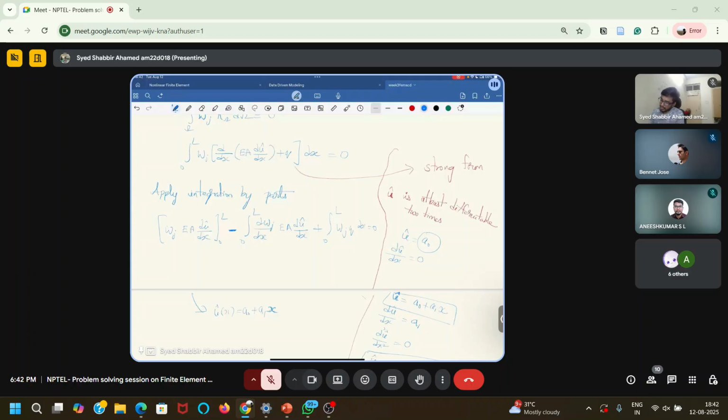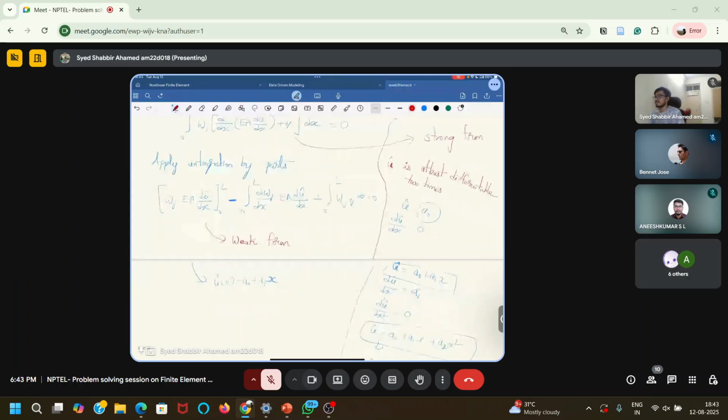That's why we are weakening the differentiability requirement of the solution. That's why it is called the weak form.